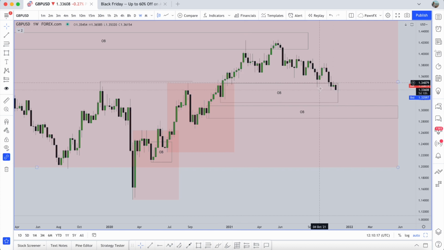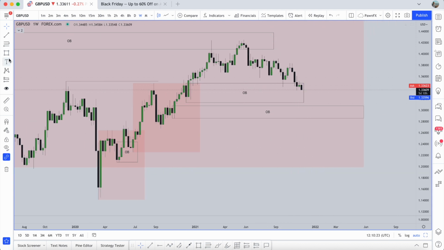So we can look for potentially some sort of reaction longs, but I wouldn't be looking to take out major highs. You have to understand where the structural highs are, where the protected highs are, and where the weak lows are, and obviously vice versa, the weak highs and then the protected lows.